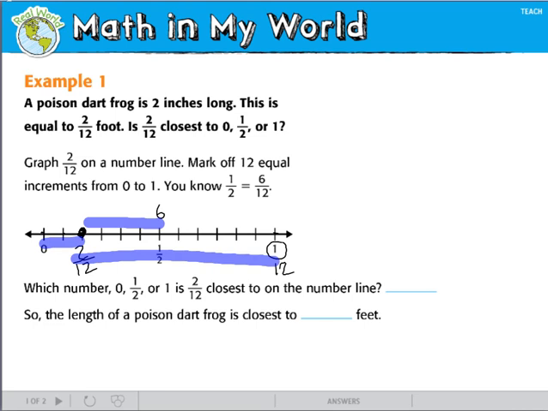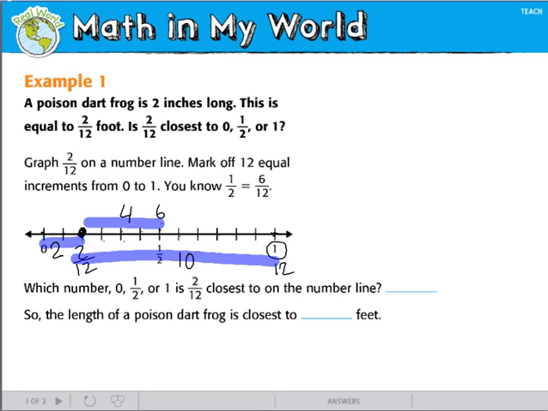Okay? So from 2 to 0, it's 2. From 2 to 6, or 1/2, it is 1, 2, 3, 4. And from 2 to 12, or 1, it's 1, 2, 3, 4, 5, 6, 7, 8, 9, 10.